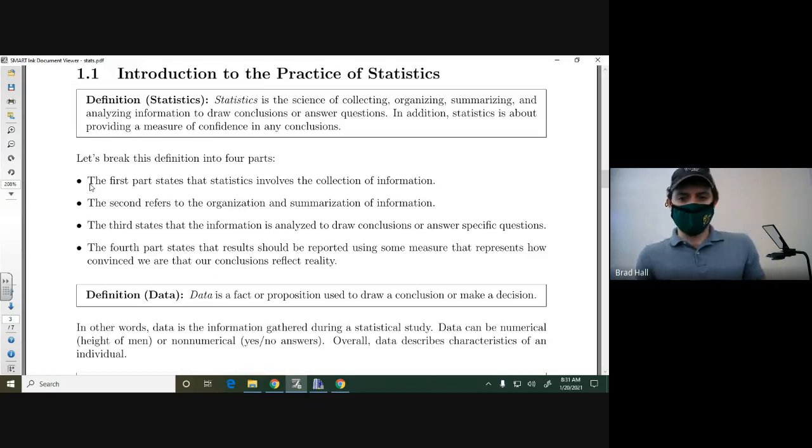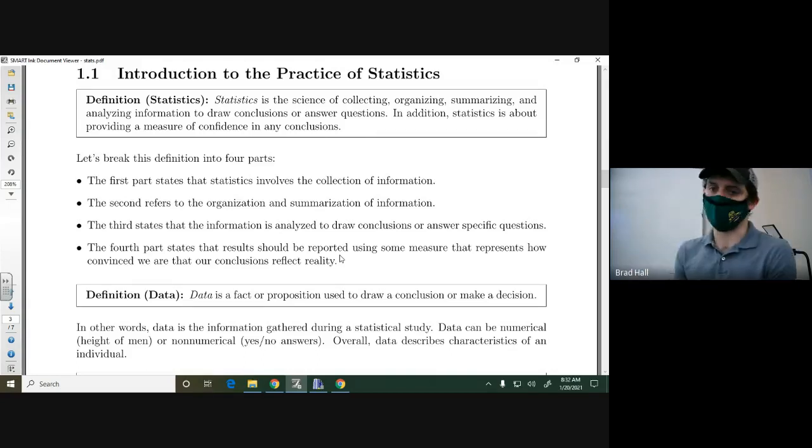So, and of course, the last part, how convinced we are that our conclusions reflect reality. So we find a number. How confident are we that this number reflects the population that we want to know about? So really, this whole process is what statistics comes down to.